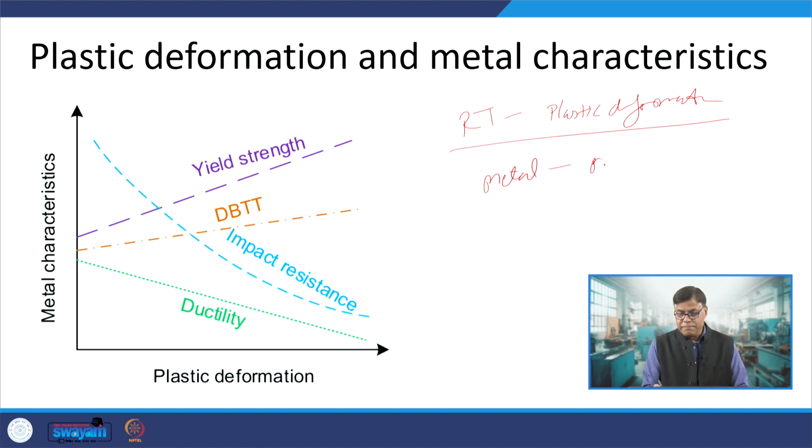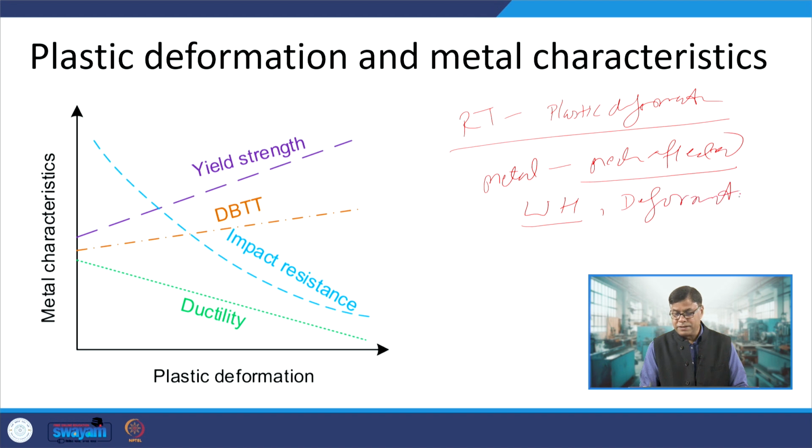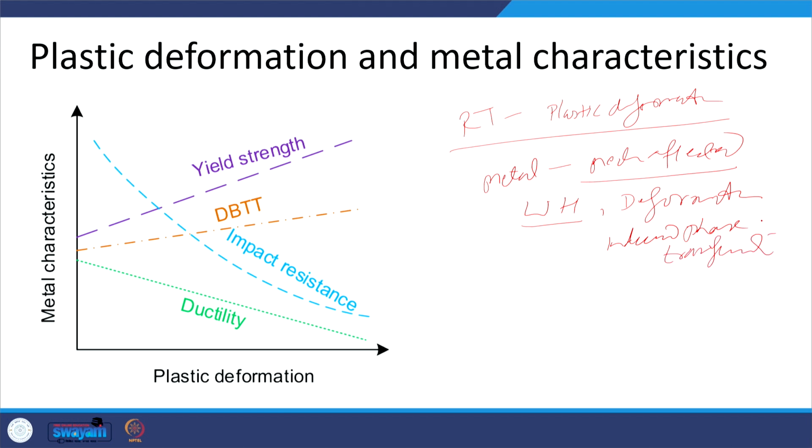So, the metal's mechanical properties are affected, and this effect comes from the work hardening, this is one, and sometimes the deformation induced phase transformations also occur. So, this is another reason, deformation induced phase transformation. Additionally, the grain morphology is also modified due to the plastic deformation.